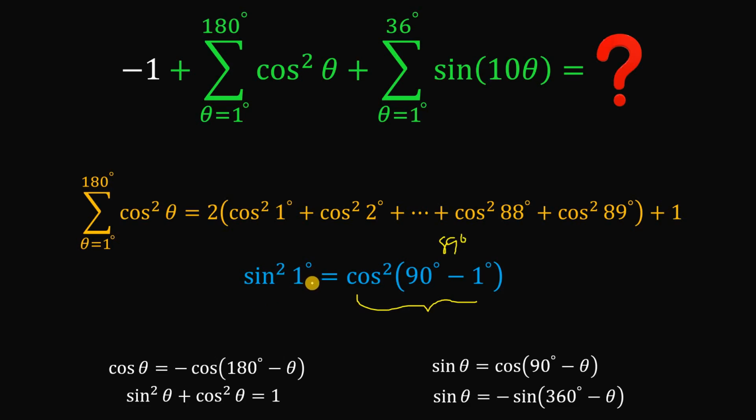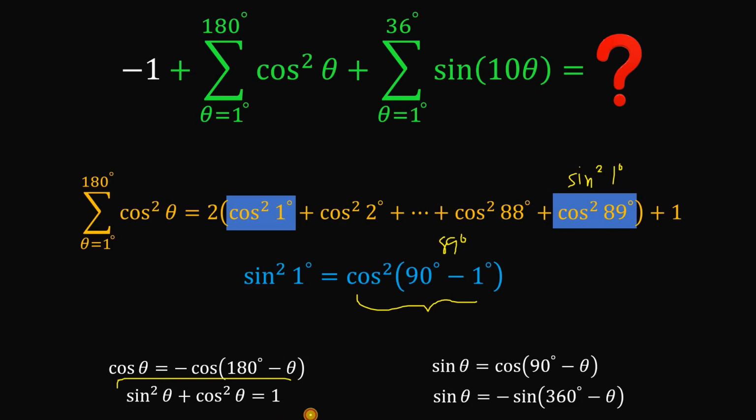So, if we add cosine squared 1 degree plus sine squared 1 degree, using this third hint, sine squared theta plus cosine squared theta equals 1, or the Pythagorean identity, we can say that the sum of this must be equal to just 1.